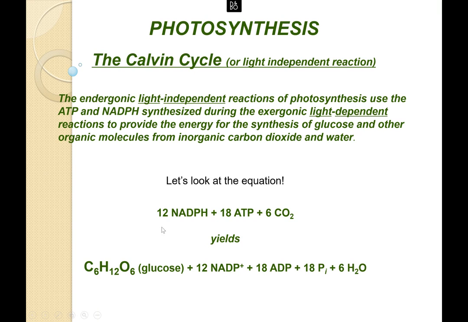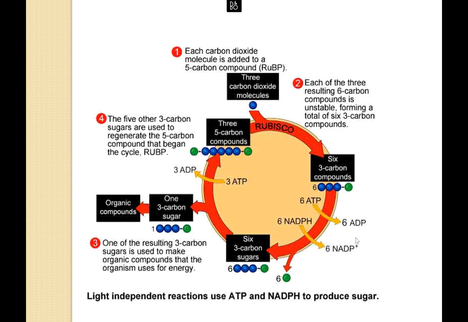So here's your NADPH, here's your ATP plus CO2, that's the other part of the overall photosynthesis reaction, gives you a molecule of glucose, NADP plus, which is going to go back to pick up more electrons, ADP plus P, which is your used up ATP, and water, which will end up going back into the plant just to be used for other processes.